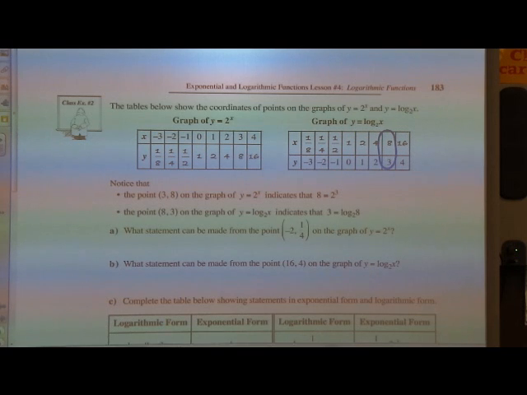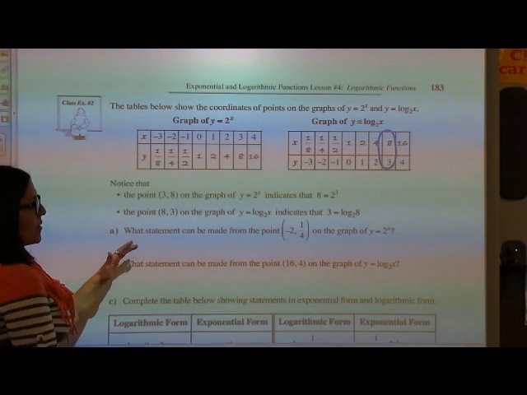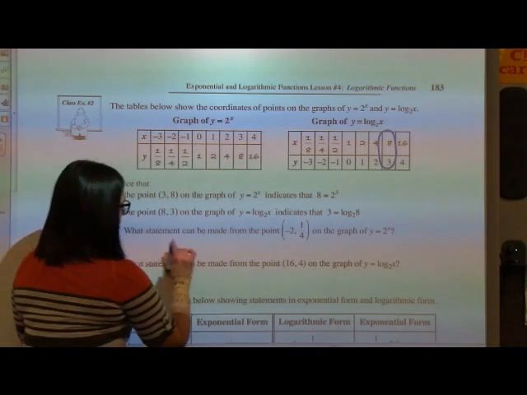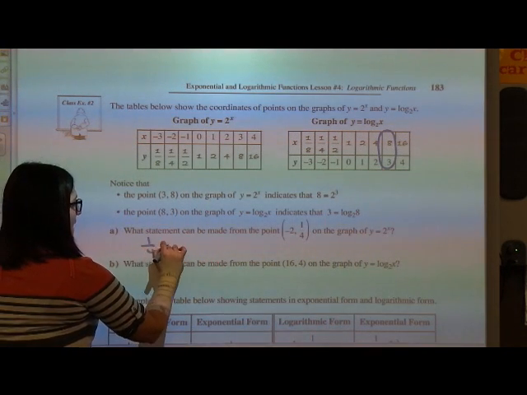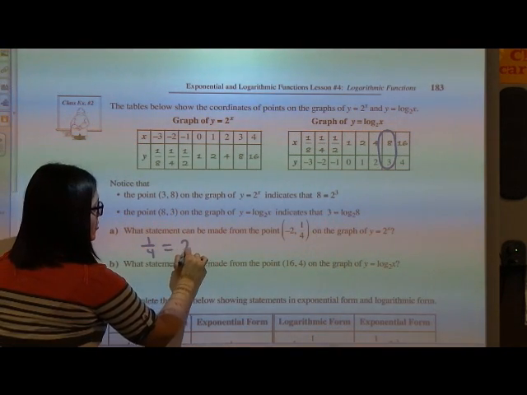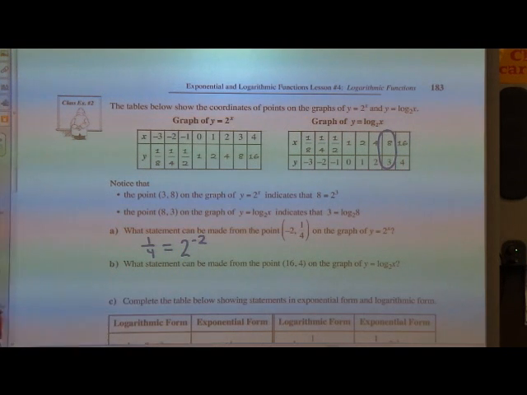So what statement could be made from the point negative 2 and 1/4 on the graph of y equals 2 to the power of x? Well, the statement would be that 1/4 is equal to 2 to the power of negative 2.